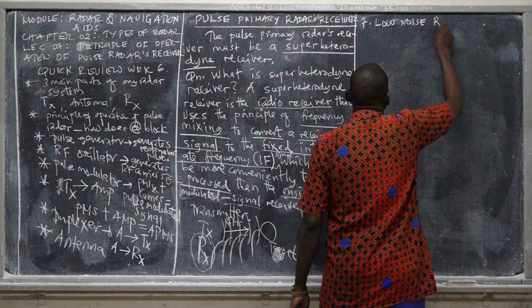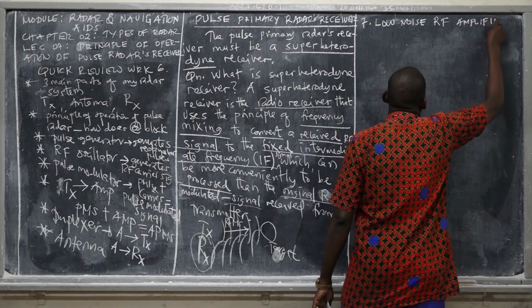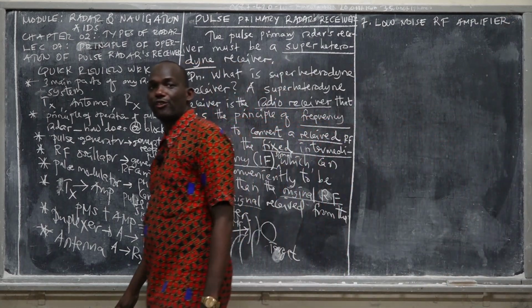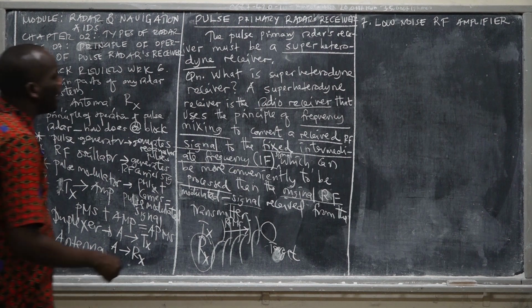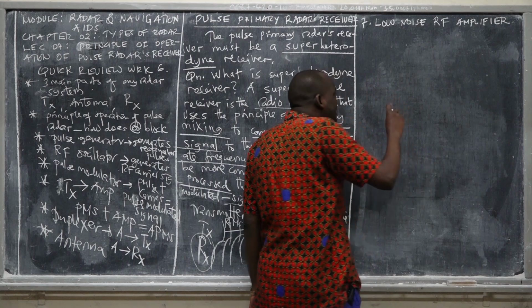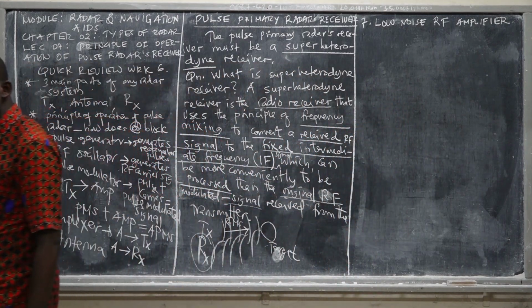Low noise radio frequency amplifier. Say it: low noise radio frequency amplifier. When we say low noise radio frequency amplifier, it means that it focuses on the received signal rather than introducing noise into the signal.